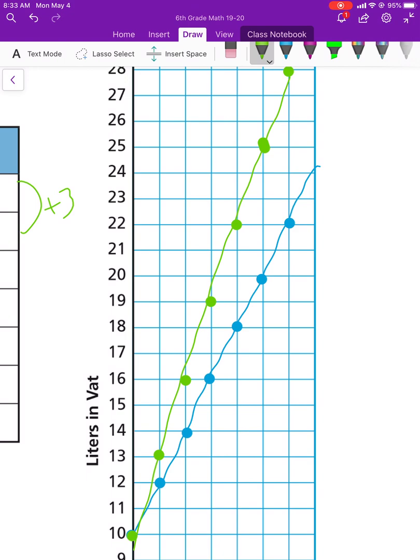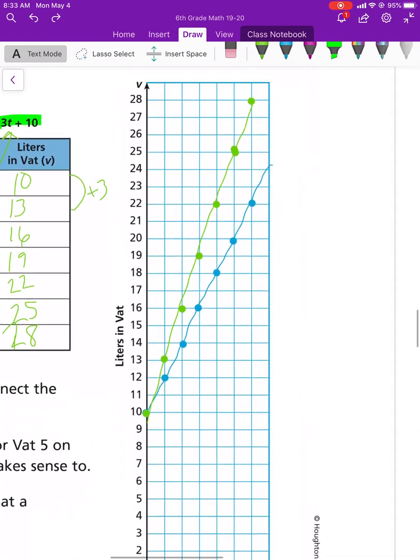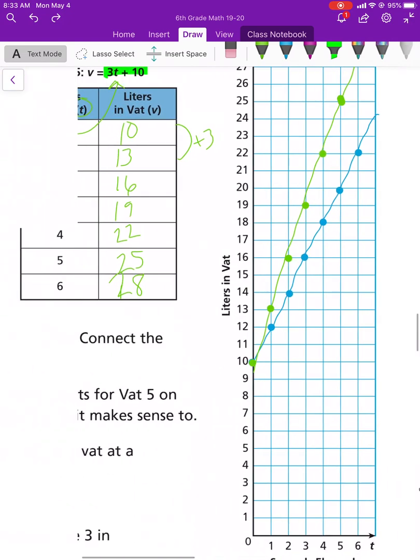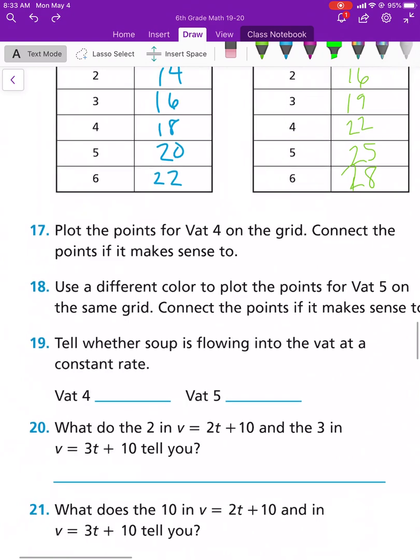Okay. Are these constant? Let's talk about constant for a second. These are not going in the same direction, but they are both constant. So I want you to write yes for both of these, because these are both moving at a constant rate.